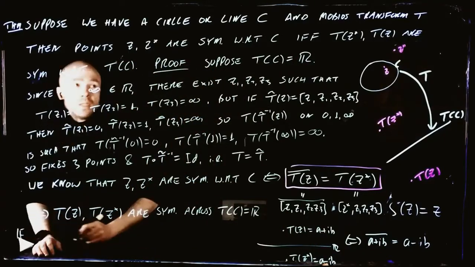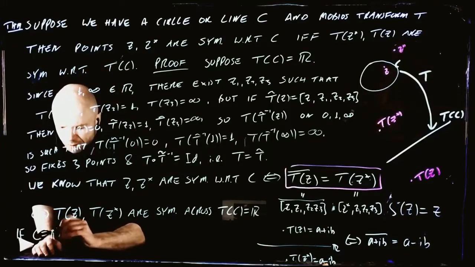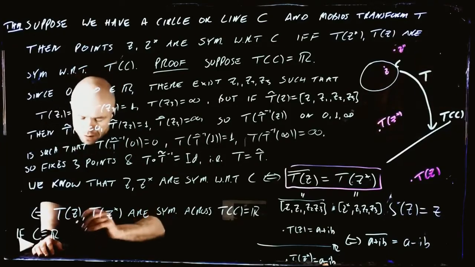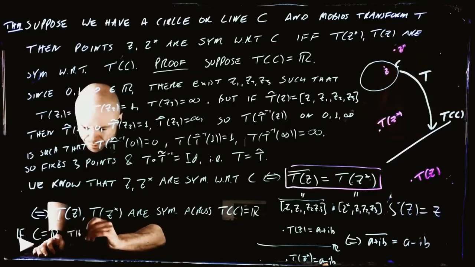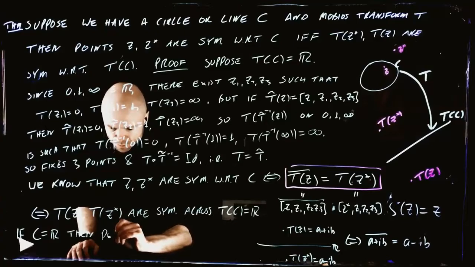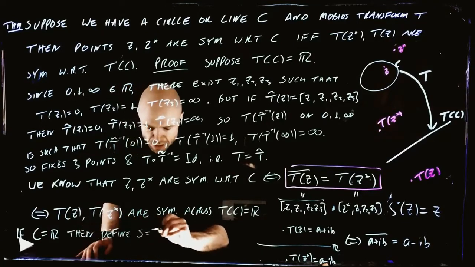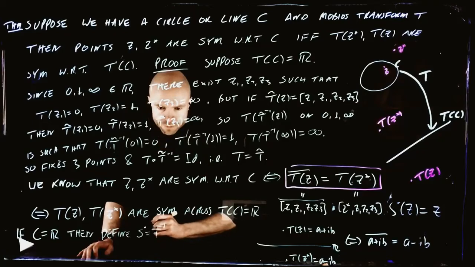All right, so if we instead start with a real line, so if C is the real line, then consider or define S to be equal to T to the minus 1.